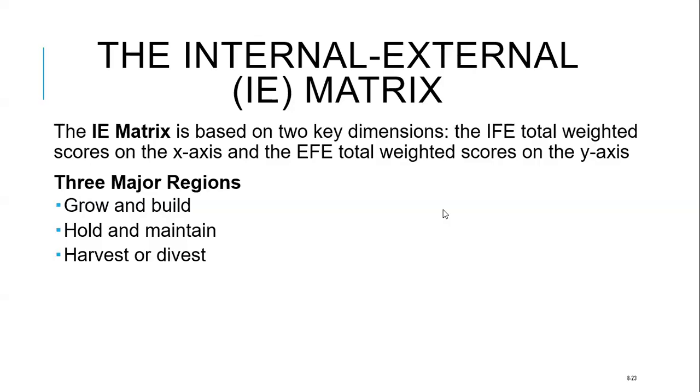So whenever you obtain medium scores for internal factor and external factor evaluation assessments, then the business unit or organization is plotted within the hold and maintain region, which falls within the diagonal of the Cartesian plane.